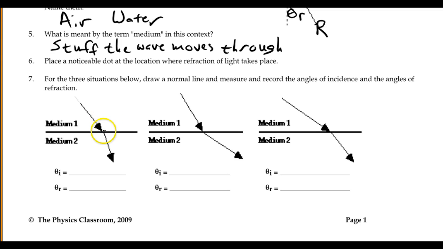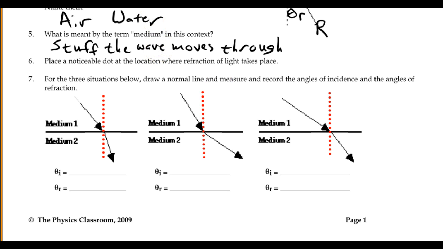Okay, in this next one, you want to draw a normal line. Normal lines, we like to make them some kind of dash. And normal simply means perpendicular to the surface. So you're going to try to draw it 90 degrees to the point where the ray meets the surface.